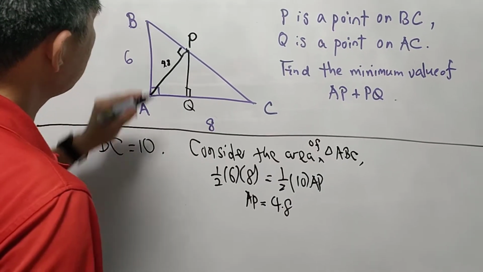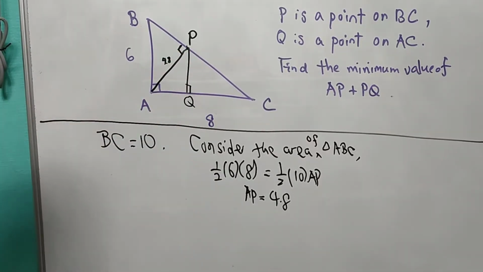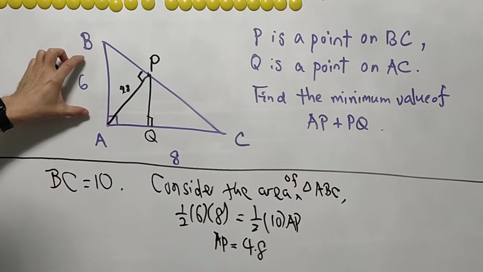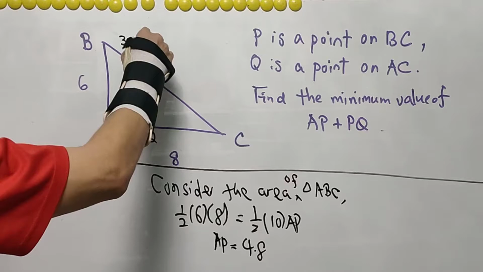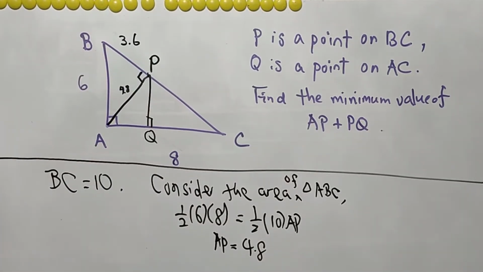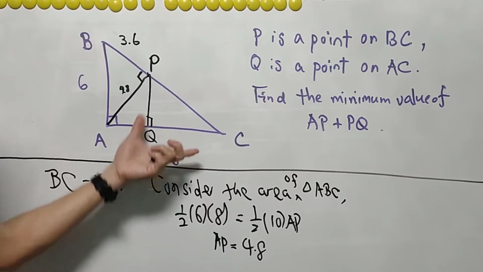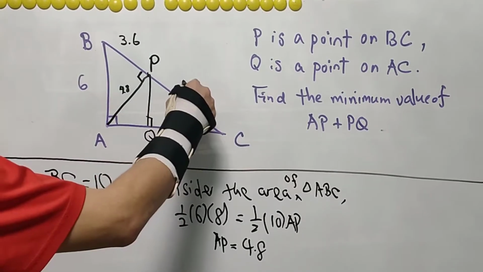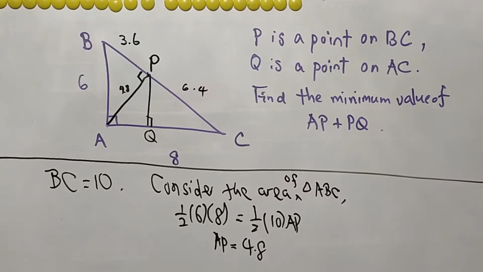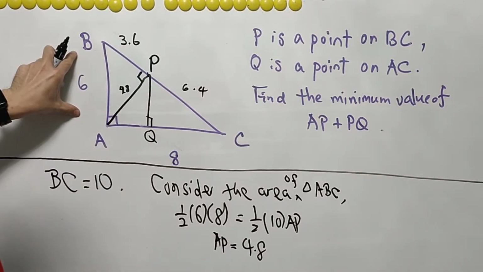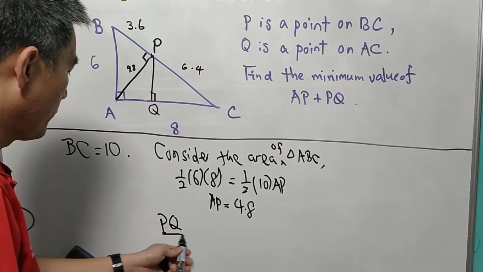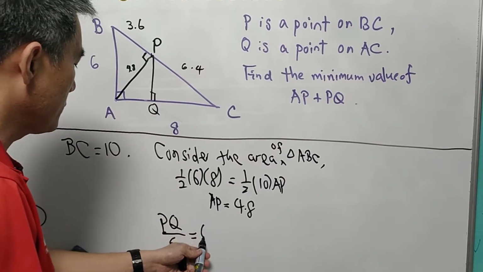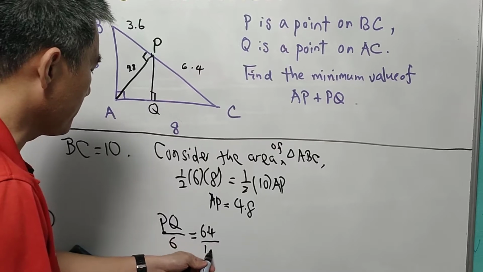And we need to find out what is the value for PQ. Since AB is 6, BP will be equal to 6 squared over 10. That is 3.6. Because of similarity, PC equals 8 squared over 10, and that is equal to 6.4. So we know that PQ over 6 is equal to 6.4 over 10.